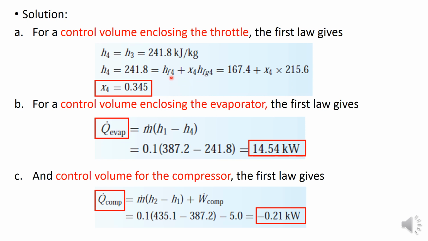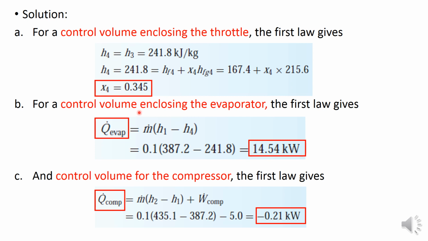Where HF4 is to be calculated at a temperature of minus 25 degree Celsius from the R134A table. Similarly HFG4 at minus 25 degree Celsius, so that the unknown term X4 can be calculated. So you should get X4 as 0.345, that is 34.5% dry.